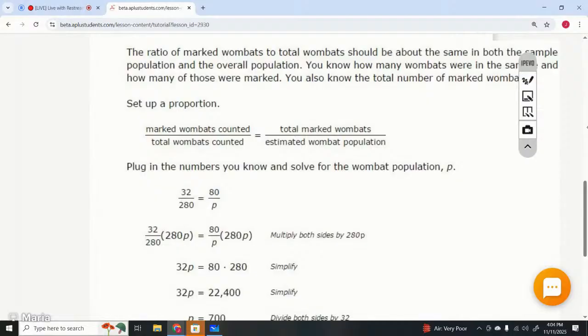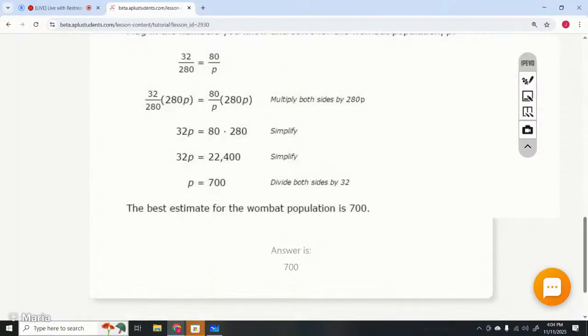So you need to solve this proportion for P. So 32 times P equals 80 times 280. So that is P equals 700. That means out of the 700, 80 were marked.